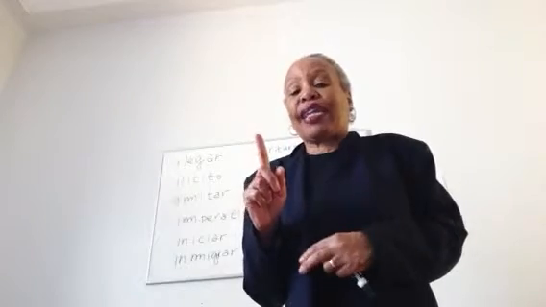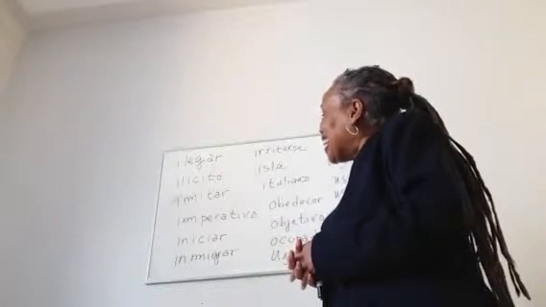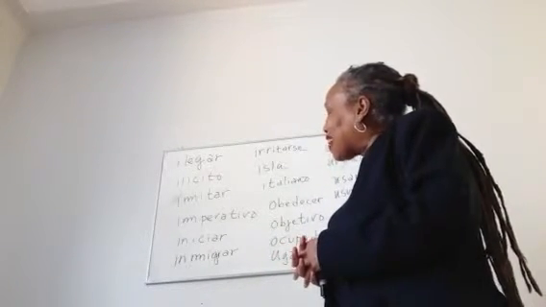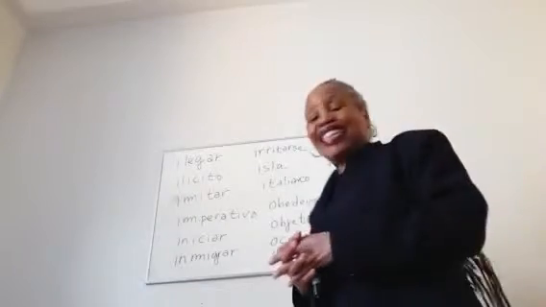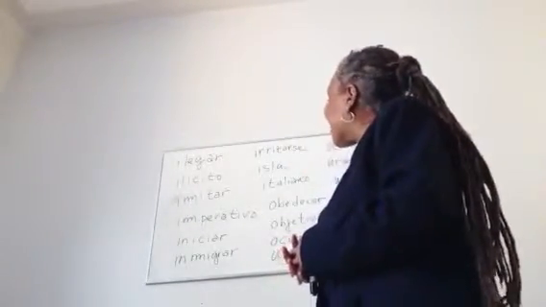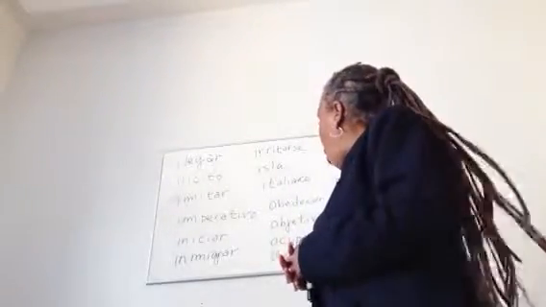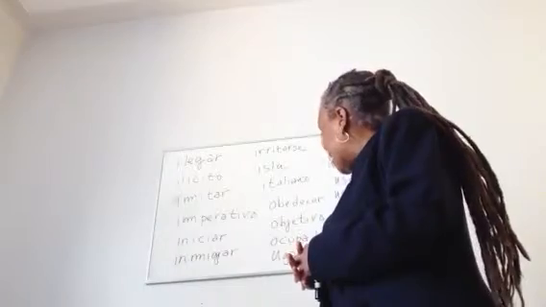So, I want to pronounce all these letters and words again. First, let's look at the vowels. A, E, O, U. So we're just talking about E, O, and U. Here we go. Ilegal, ilícito, imitar, imperativo, iniciar, inmigrar, irritarse, isla, italiano, obedecer, objetivo.